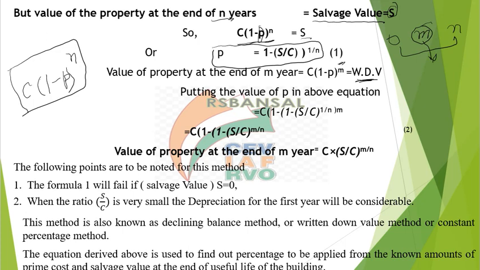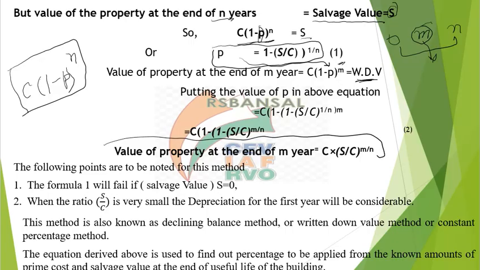Now if you want to rearrange it, we can put the value of P here. You put the value of P in this equation, so it will be C into 1 minus, in place of P you can write 1 minus (S upon C) raised to power 1 upon N, and if you rearrange it, 1 minus (S upon C) raised to power M upon N, so you will get this equation.